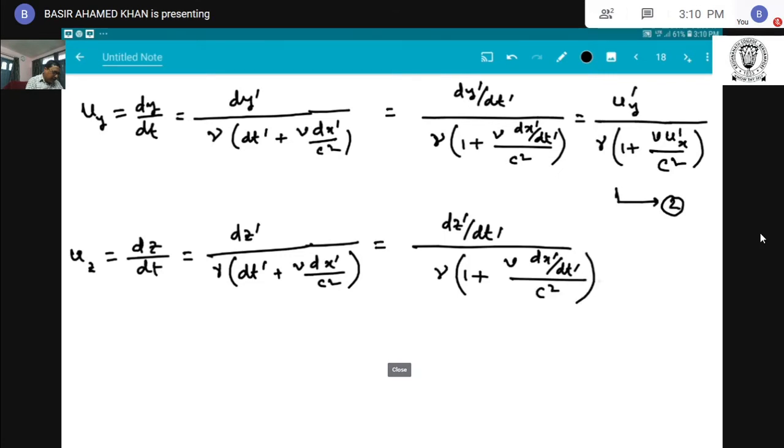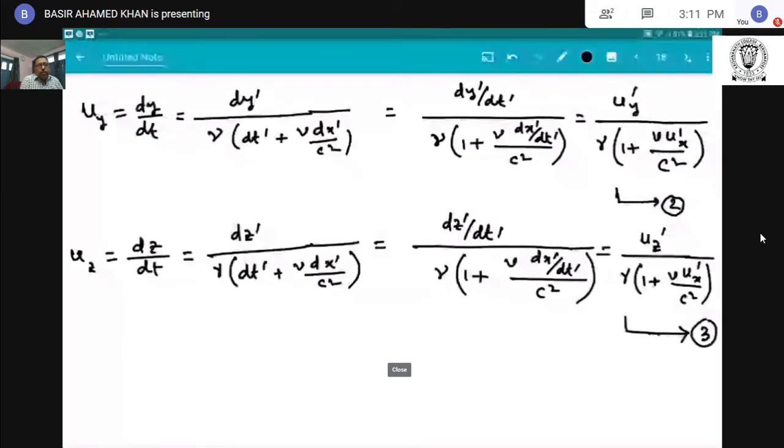That means uz dash divided by nu times 1 plus v ux dash by c square. This is equation 3. So we get the velocity components of the particle with respect to the S frame. Therefore equations 1, 2 and 3 give the composition of velocities.